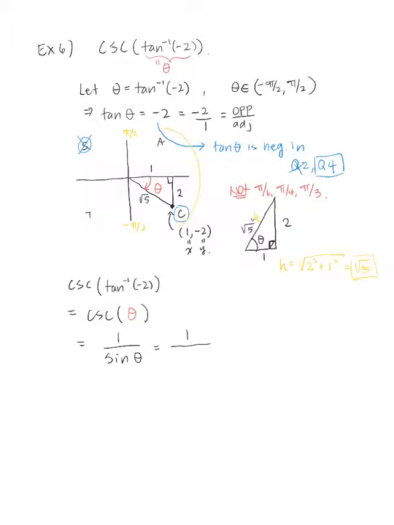Or you can just know that your answer is going to be negative, so you can toss the negative at the end if you want. So sine is y over r, so this is r over y. R is the hypotenuse, which would be square root of 5, and the y value is negative 2. As you expected, our answer is negative. No need to rationalize here, so I'm going to box that for the answer.